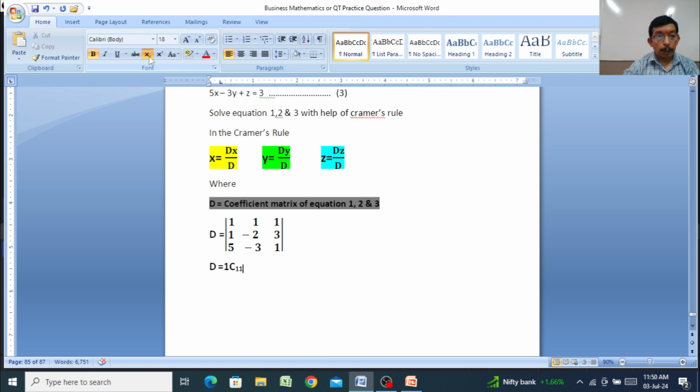Now we take the minus sign, and the next element is 1, and the corresponding cofactor is C12. Now we take the plus 1, and the corresponding cofactor is C13. Now simplify.